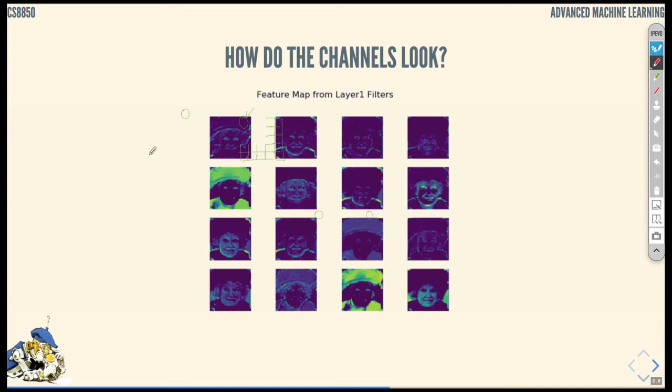say, a 3x3 filter. So we have a 3x3 filter with specific values for each of those images.